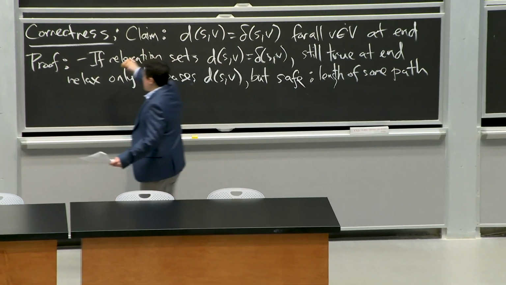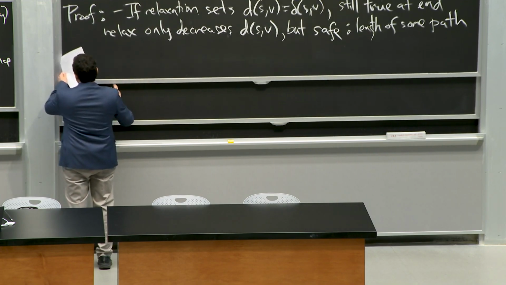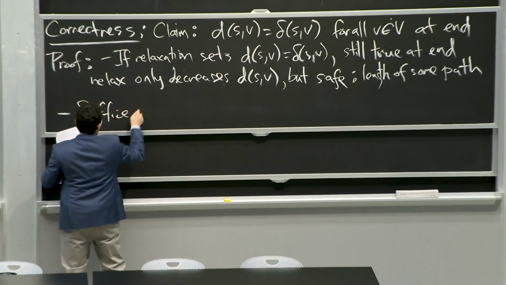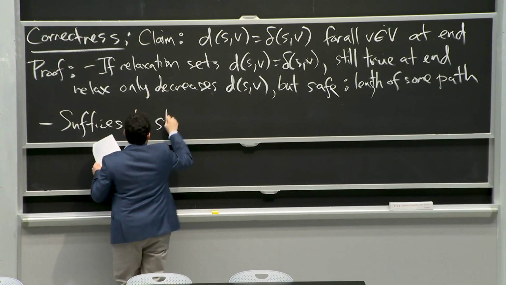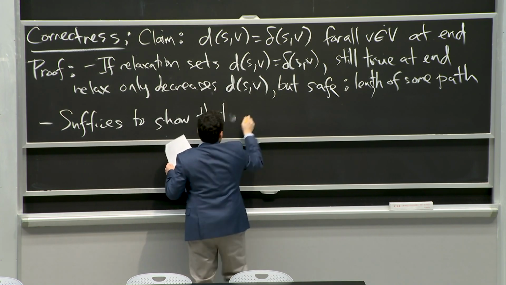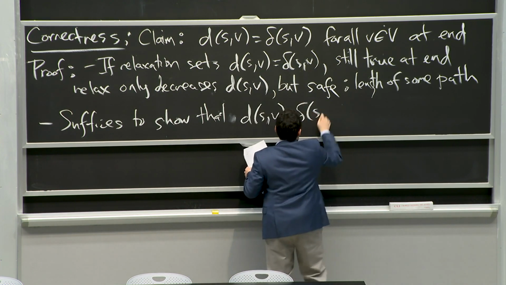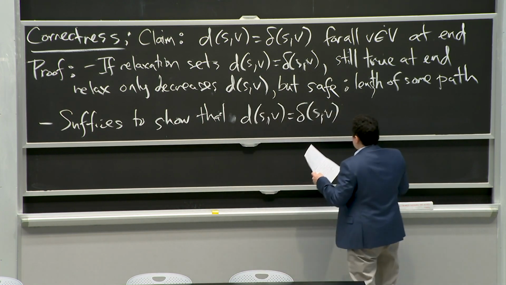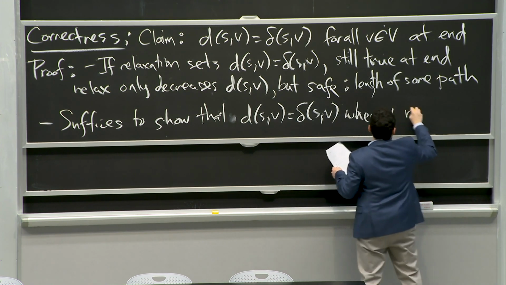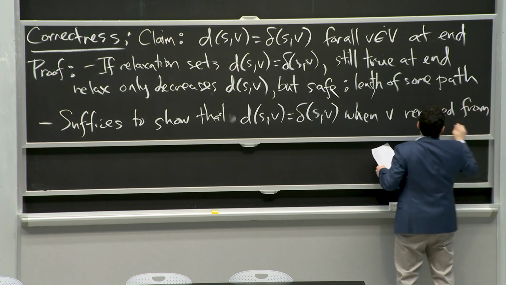Okay, so with this observation, I'm going to argue this final claim. It suffices to show that my estimate equals the shortest distance when v is removed from the queue.